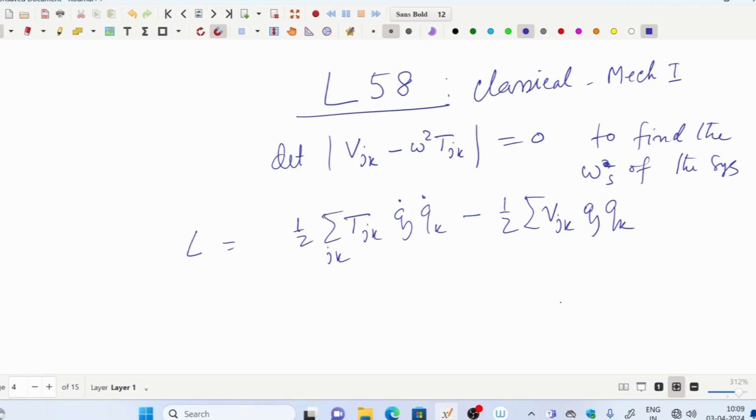For this system, the frequency of small oscillation can be obtained by considering this equation, and the general solution q_j will be given in terms of some general solution of the form e to the power i omega t minus delta_j.